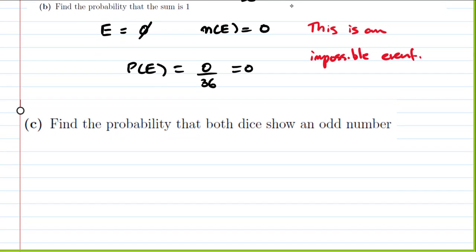So let's let the event A be the first die is odd. And let's let the event B be the second die is odd.